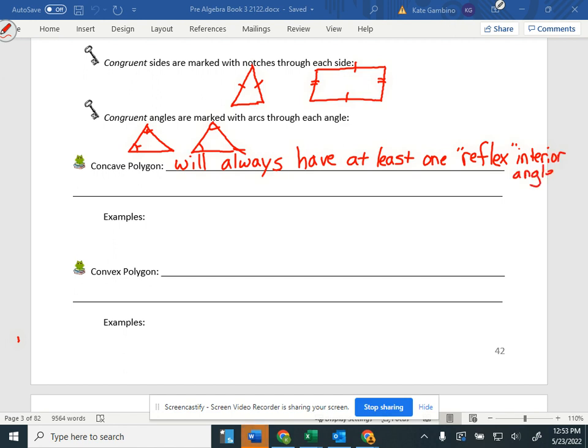So what that means is the angle measure is greater than 180 degrees. So the interior angle is greater than 180 degrees.